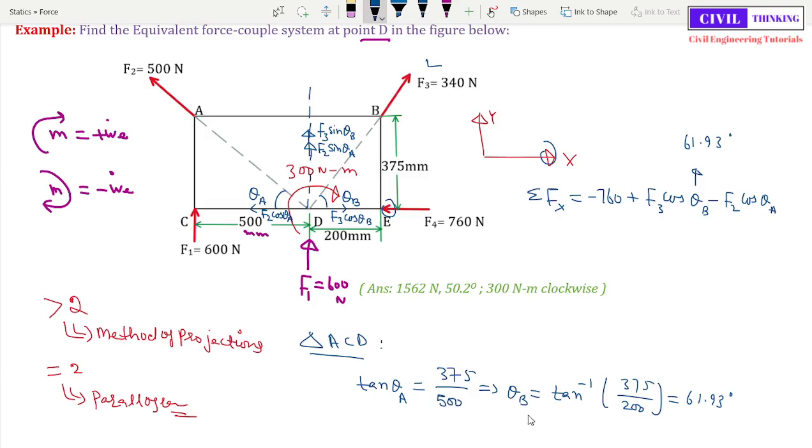So I will get theta a to be tan inverse of 375 divided by 500, right? Let me use a calculator to find the value. It is 36.87. We get the value of theta a to be 36.87 degrees. Let me erase all of this first.